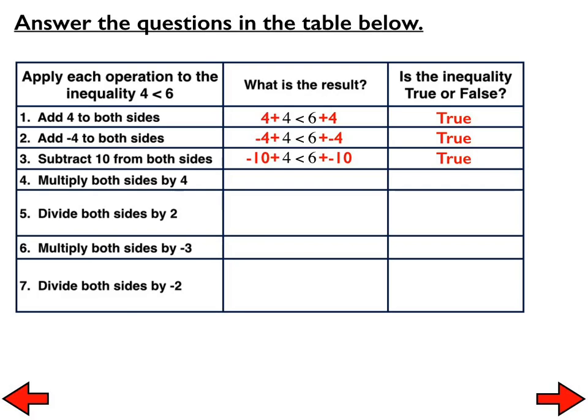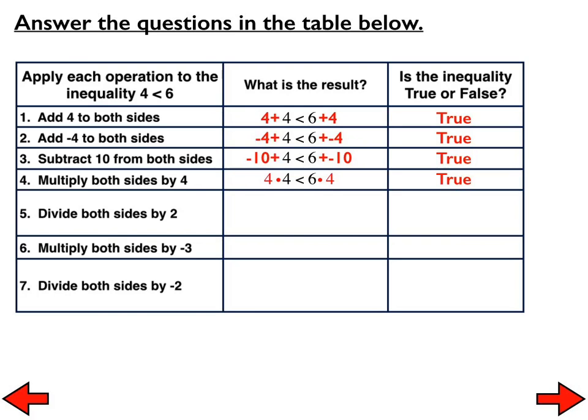All right, let's start with 4 is less than 6. And let's multiply both sides by 4. True statement still or now a false statement? True. It's true. 16 is less than 24.